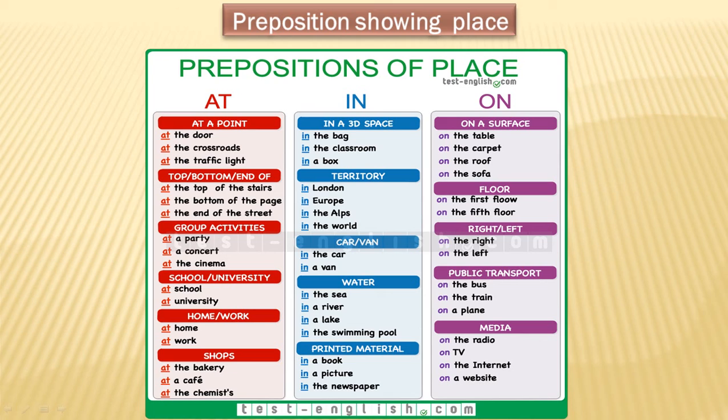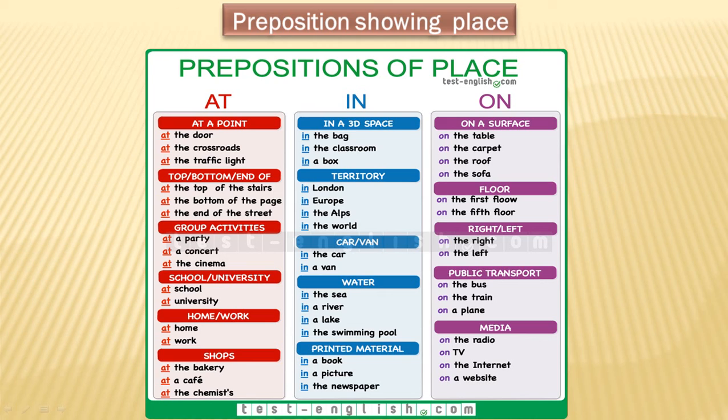In a car, in a van means inside a car or in a van. In the case of water we can use in the water, in a river, in a lake. Water bodies: in the swimming pool, he is swimming in the swimming pool. Printed material: in a book, in a picture, look in a picture, in the newspaper.